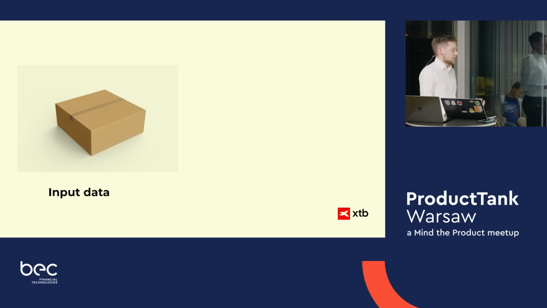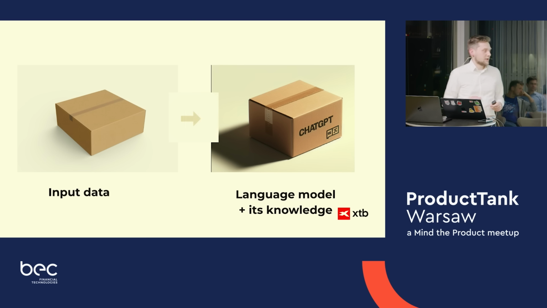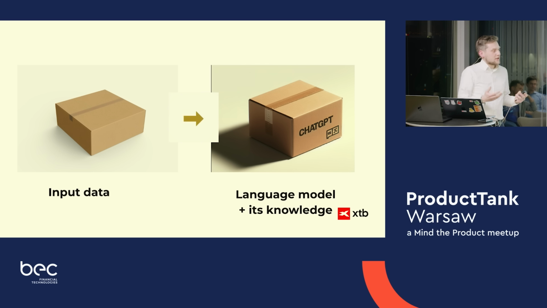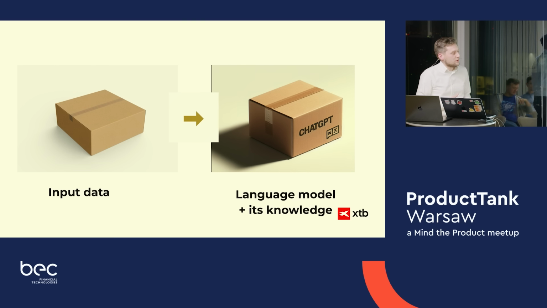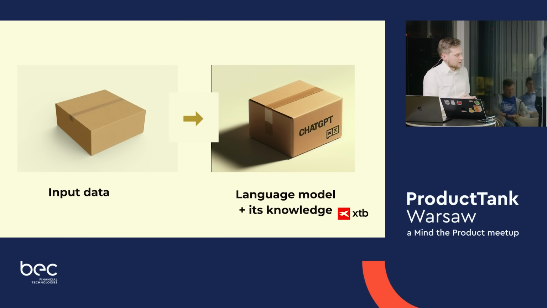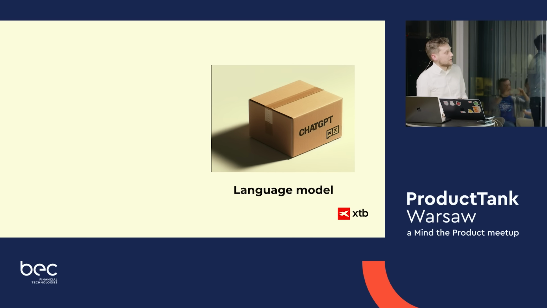Once we had the data in our box, we put it to the language model. In that case, it was the ChatGPT 4o Omni version, and with its own knowledge and our input and our data, combining those two things, it gave us a great perspective on future synthetic segments.